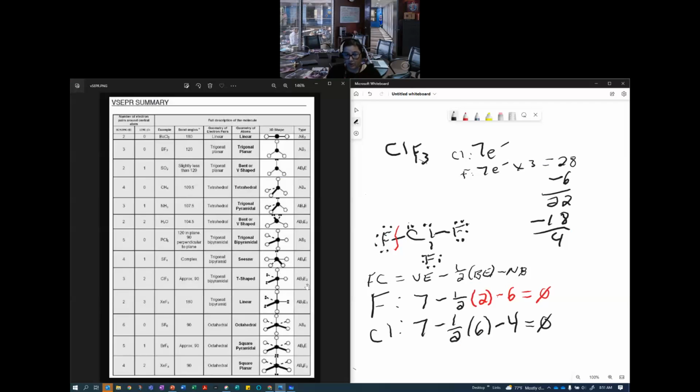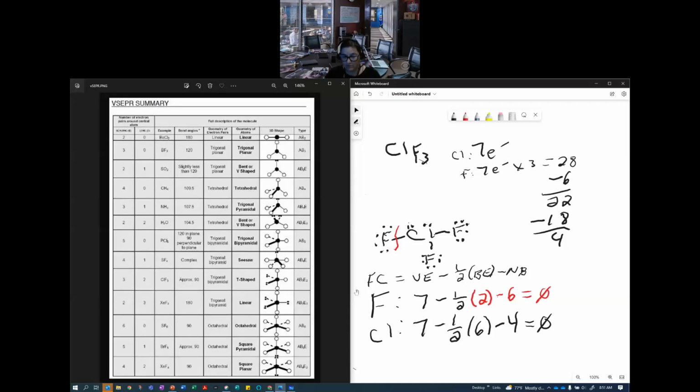So if we were to list the electron pair geometry, sorry, I need to get over here. Electron pair, that's trigonal bipyramidal.